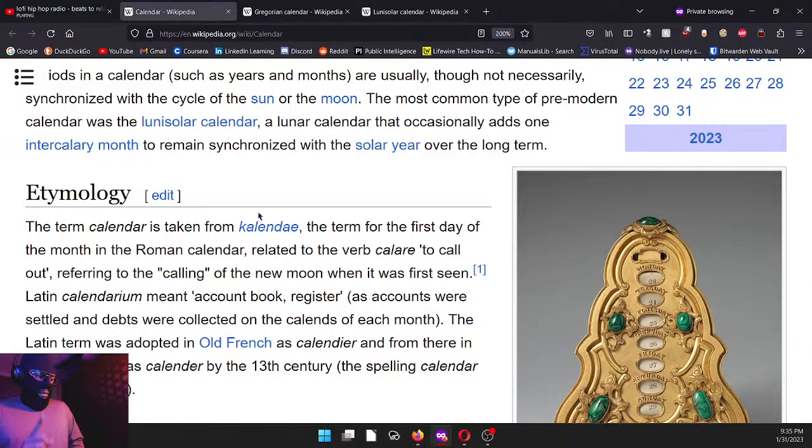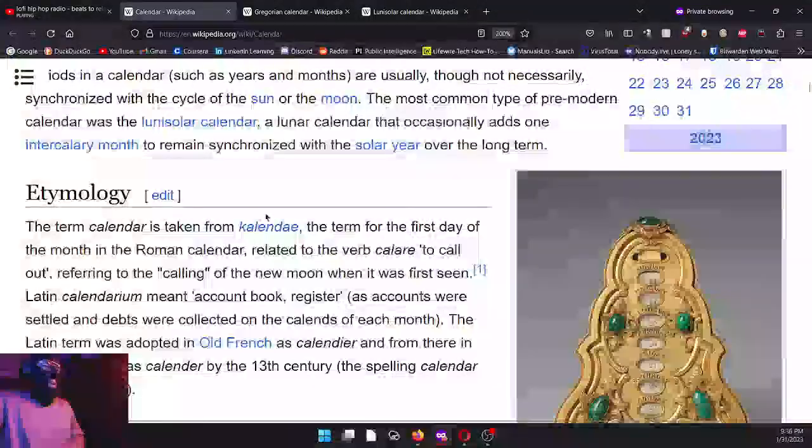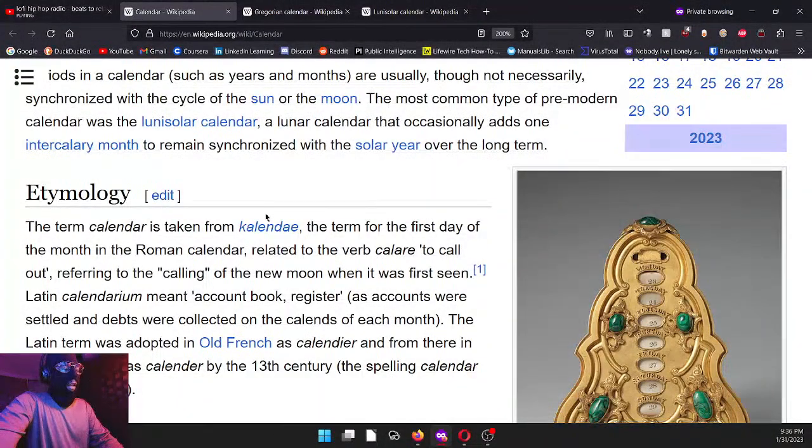The Latin term was adopted in Old French as calendier or calendre, and from there in Middle English as calender. By the 13th century, the spelling calendar is early modern. Alright, that's pretty much the etymology. It's just referring to dated accounts.